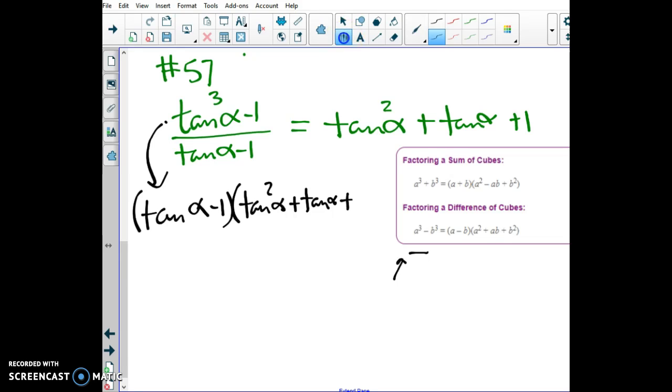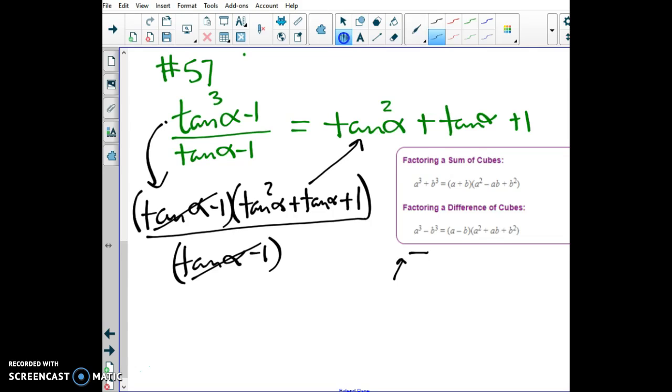And our b squared is 1 times 1, 1 squared. This is all over tangent alpha minus 1. And we can see that those factors disappear, and we're left with our solution, what we were asked to come up with. Let's look at example 7.